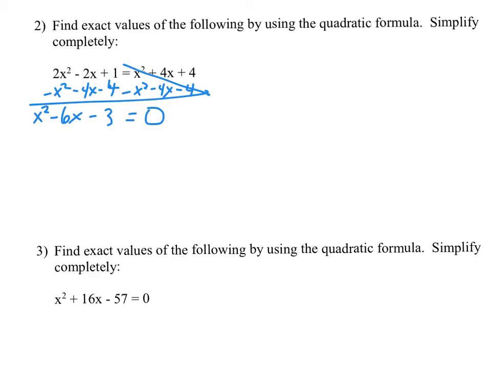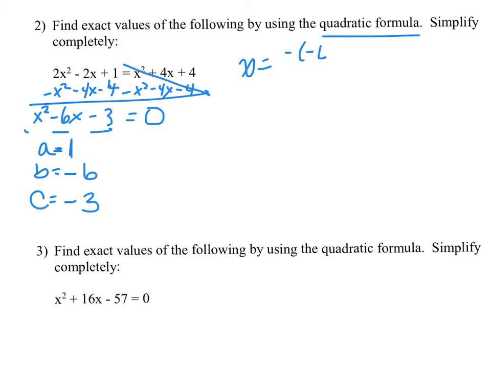So now it says we have to use the quadratic formula, so I don't even have to bother trying to factor because I have to use the quadratic formula. You simply figure out your A, your B, and your C. Remember, they're in order. So the number in front of that x squared is 1. Never, ever put a letter in there. It's always just numbers. They go right in order. 1, -6, -3, done.